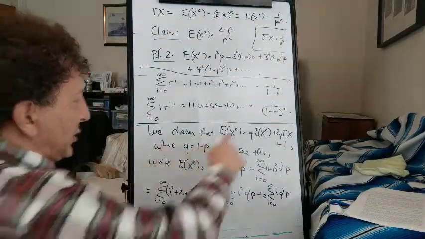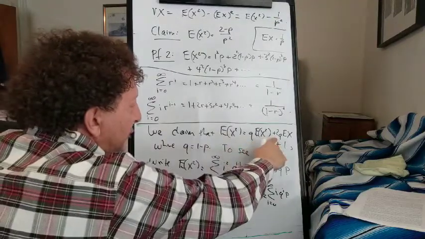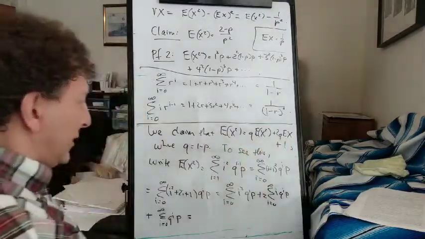Alright, hopefully this equals q times expected value of x squared plus 2q expected value of x plus 1.